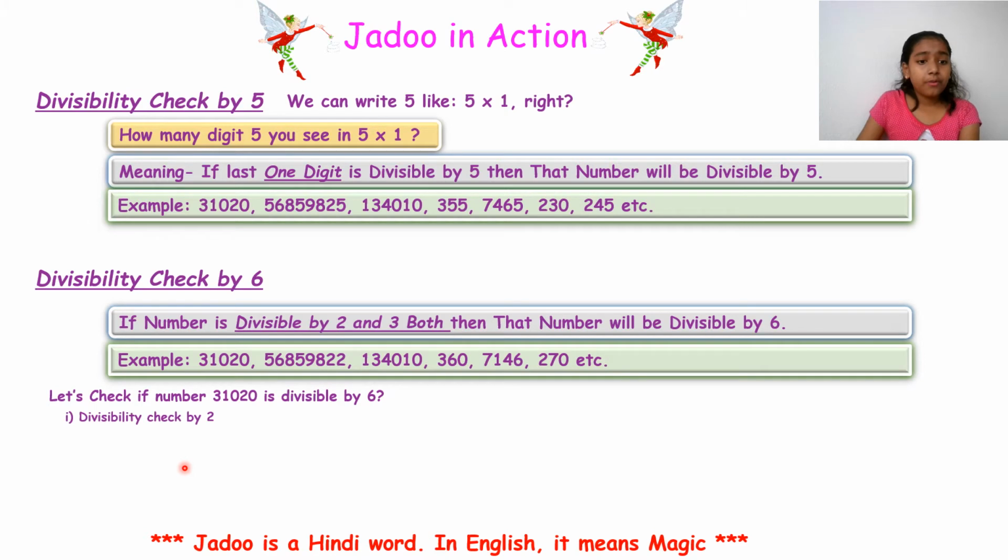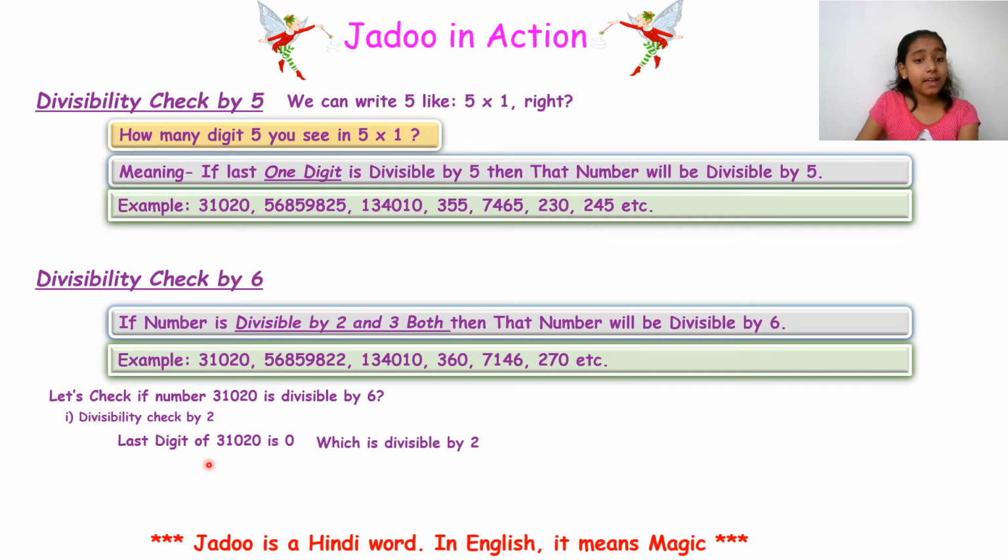First, we need to find if this number is divisible by 2 or not. We always look at the last digit from the right, which is 0. 0 is divisible by 2, right? Yes, it is. So this number is divisible by 2.